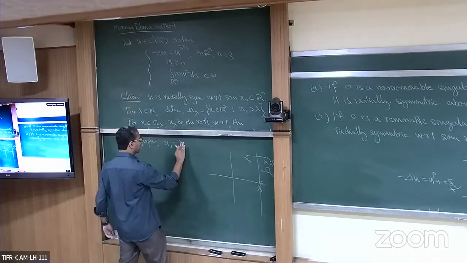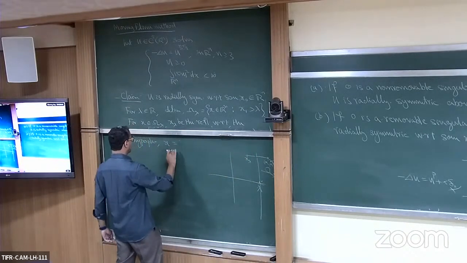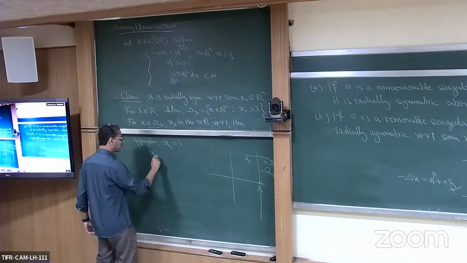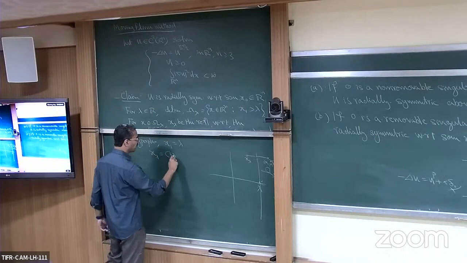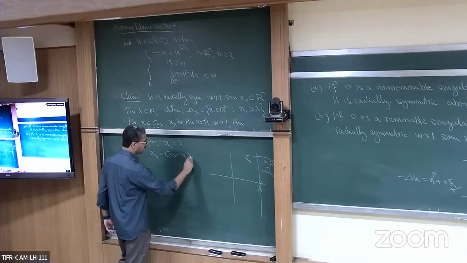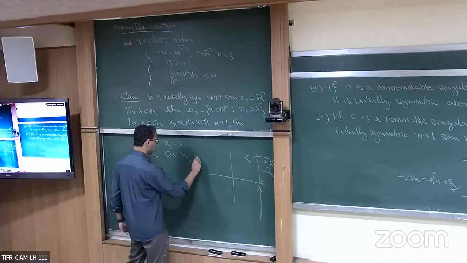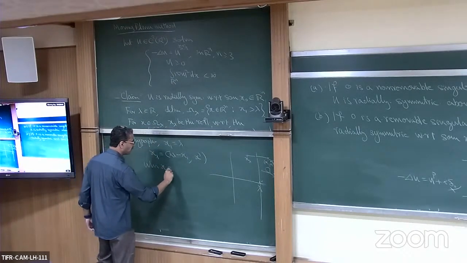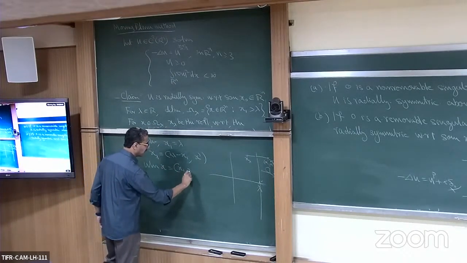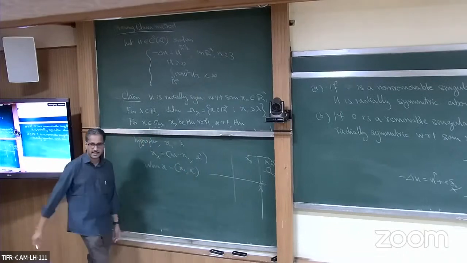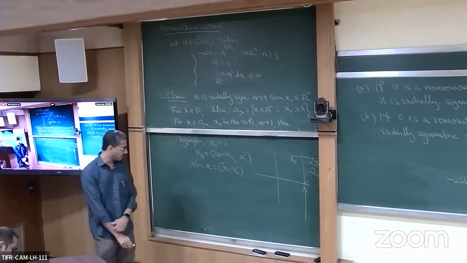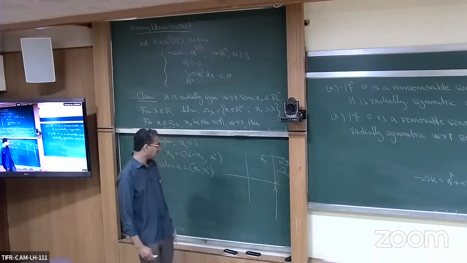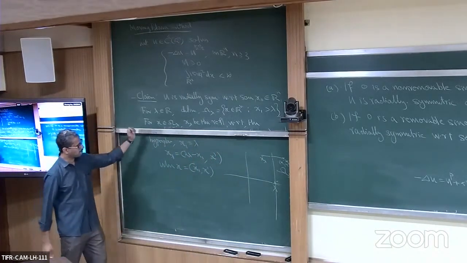So x lambda is nothing but 2 lambda minus x1, where x is (x1, x') with x' in R^(n-1). So the point on the hyperplane is (lambda, x'). That is going to be the point.